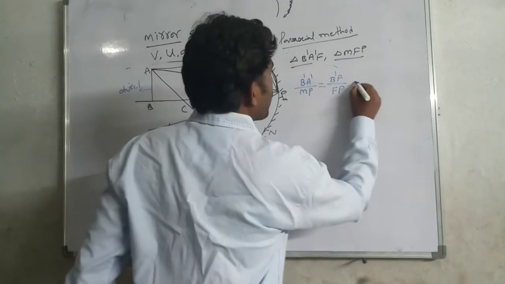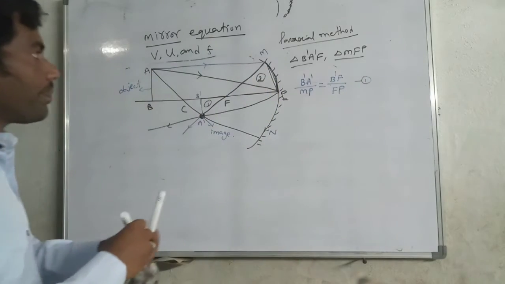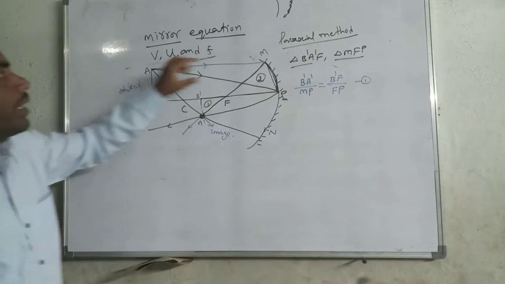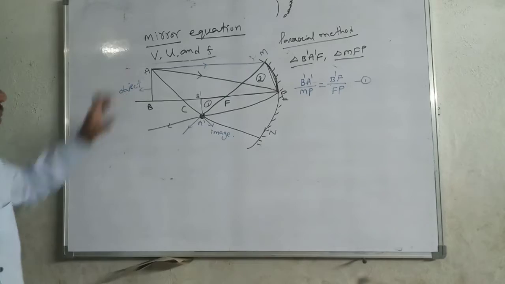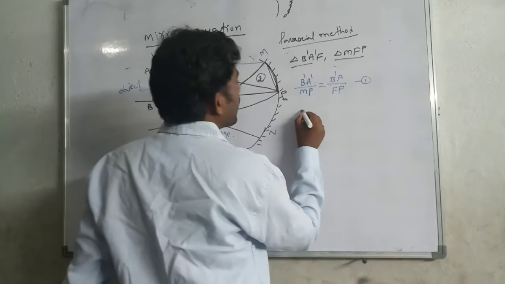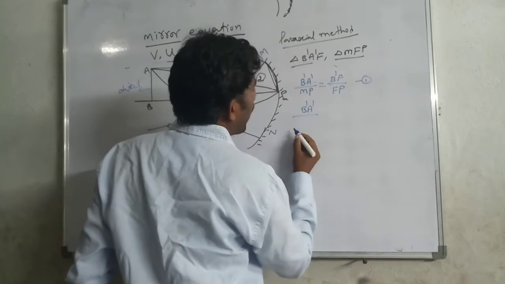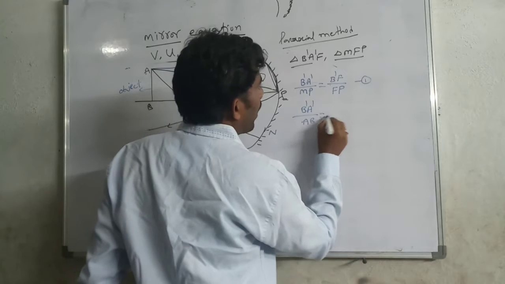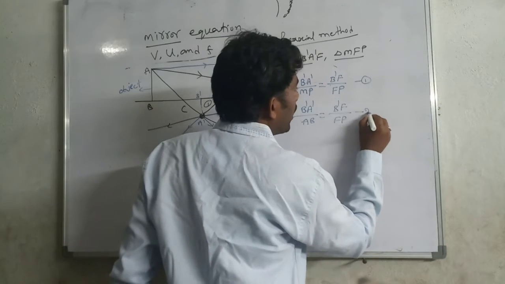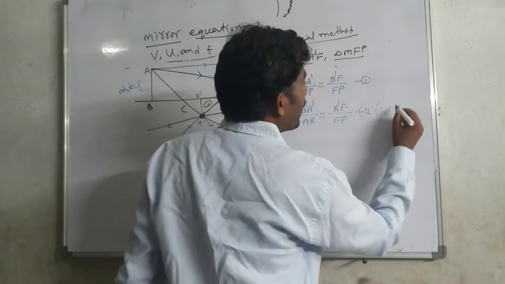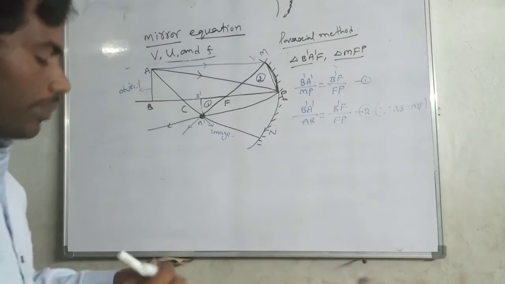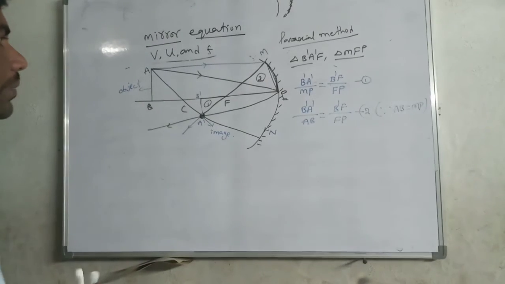This is equation 1. And MP is equal to AB. So this equation we write as B dash A dash by AB equals B dash F by FP. This is equation 2, because AB is equal to MP.